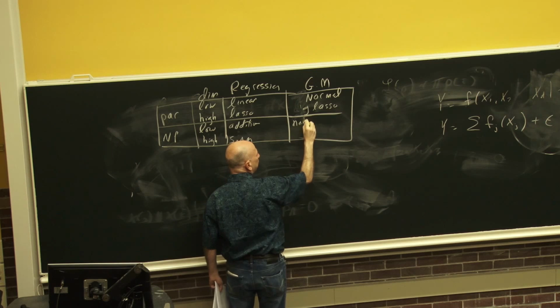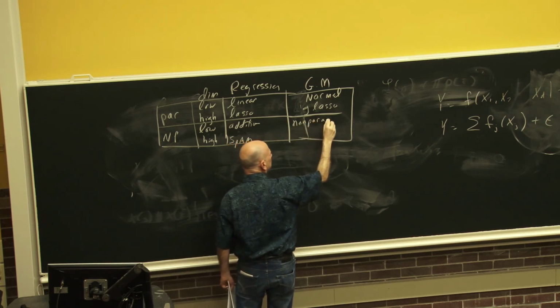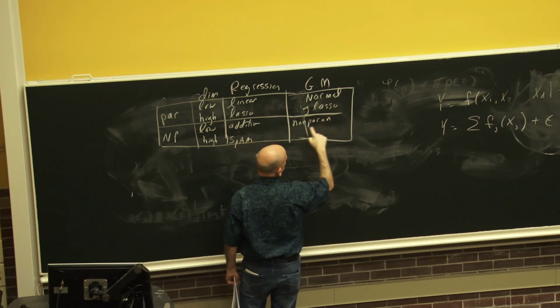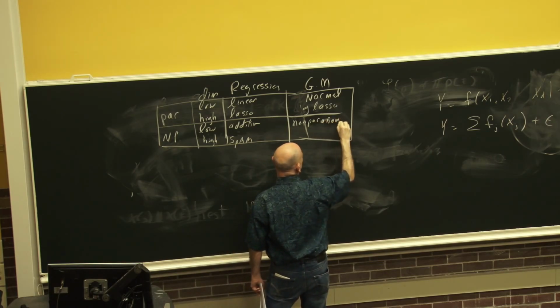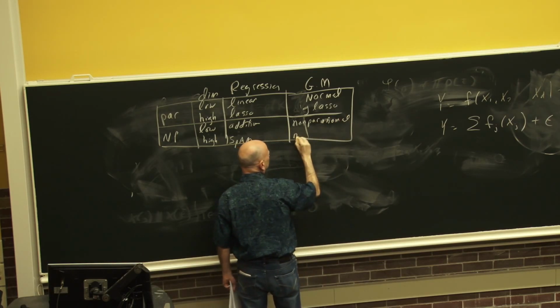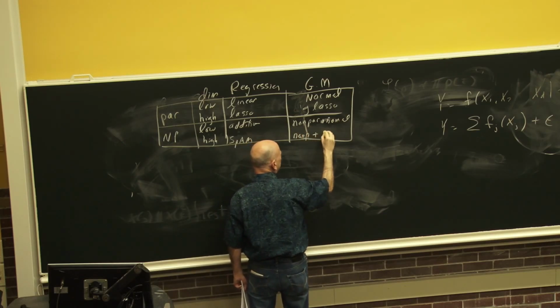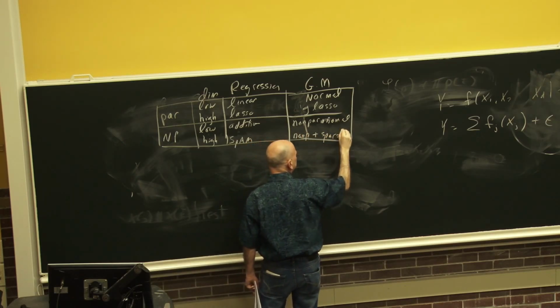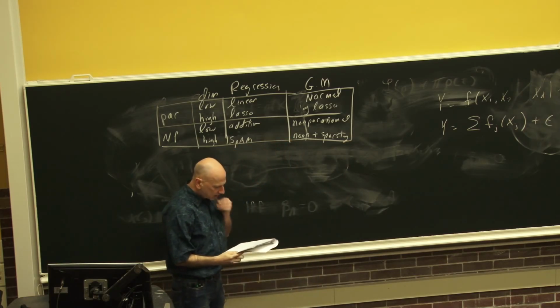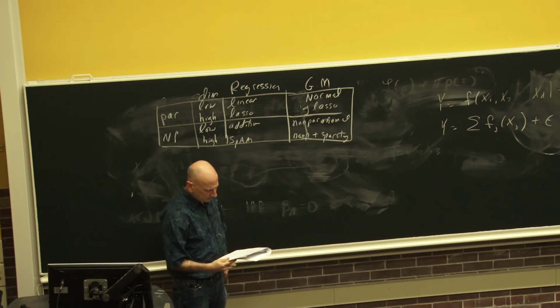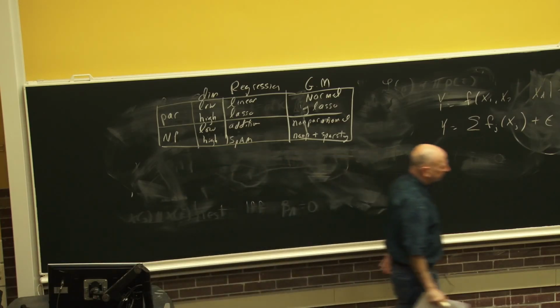So this will be the non-paranormal. And then this will be the non-paranormal plus sparsity, plus a sparsity penalty.